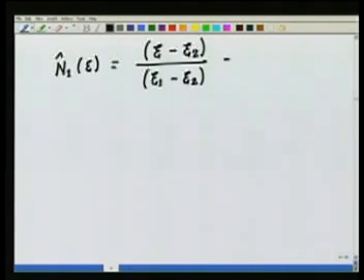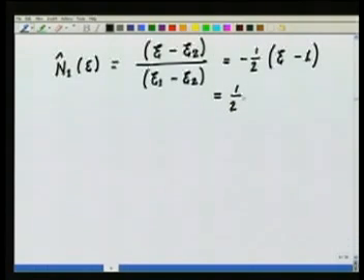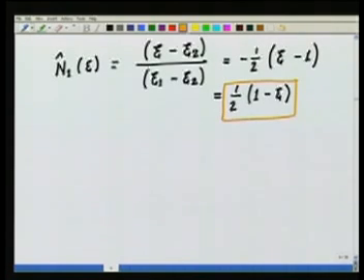So it is going to be equal to minus half into psi minus 1. So this is going to be equal to half of 1 minus psi. So this is the definition of the first shape function, the first linear shape function.